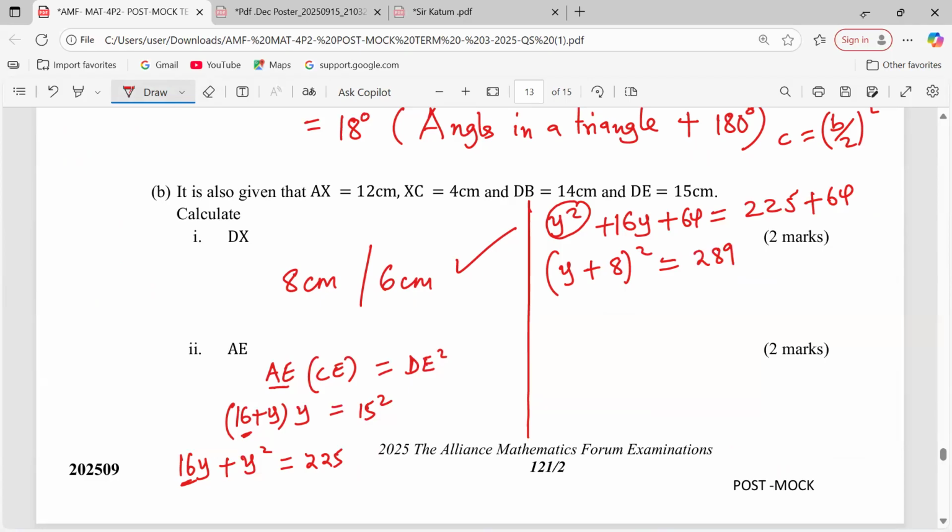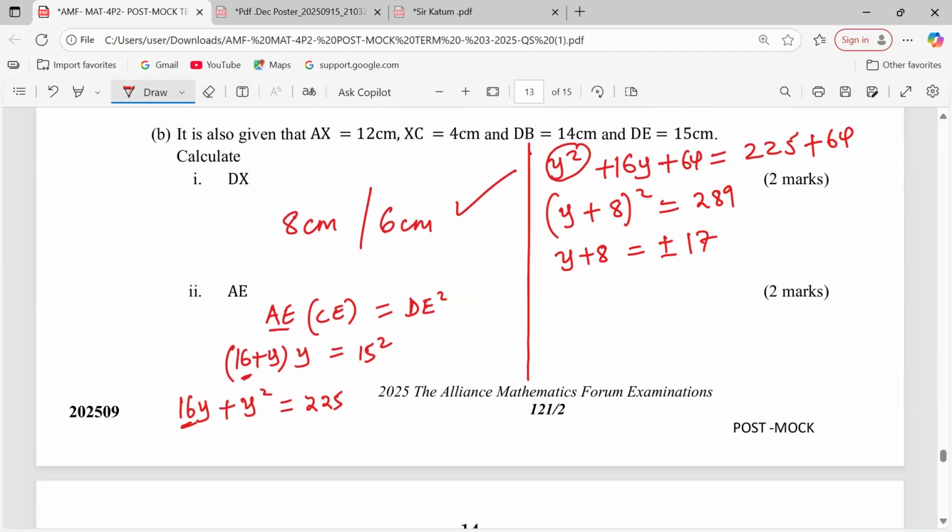Then now we can take the square root for both sides, y plus 8 being equal to plus or minus 17. So at this point, the value of y shall either be 17 minus 8, which is 9, or negative 17 minus 8, which is negative 25.